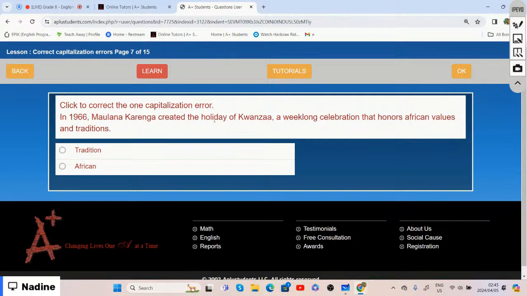Is it tradition that needs to be capitalized, or African that needs to be capitalized? All right. So we're going to say African.